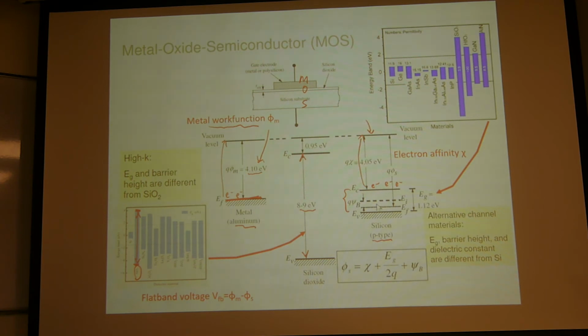So let's define another term here, which is this phi s. This phi s is the distance from the vacuum level down to the Fermi level of the semiconductor. As you can see, this phi s is the electron affinity, plus the half of the band gap, and plus this phi b.